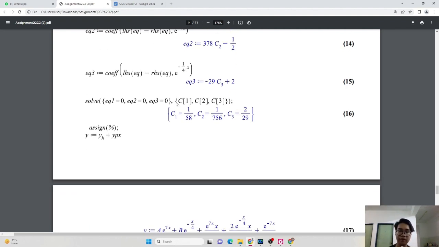And the 15th step is equation 3 equal to coefficient bracket LHS equation negative RHS equation e power of negative 1 over 4x. And the answer is equation 3 equal to negative 29 C3 plus 2.